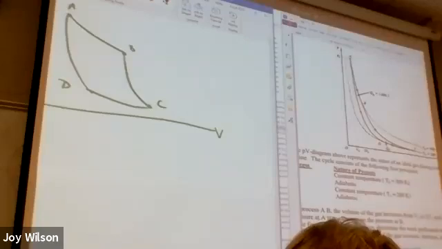Let's look at what we're given. Up here at point A, we have what they call P original, and going down here is V0. So this point is V0, P0.